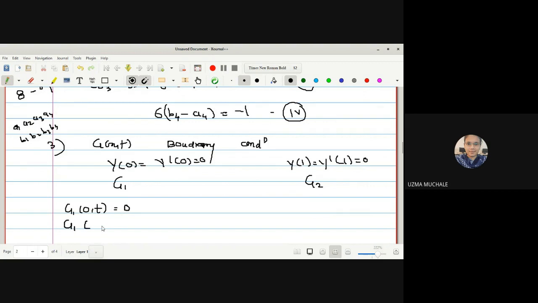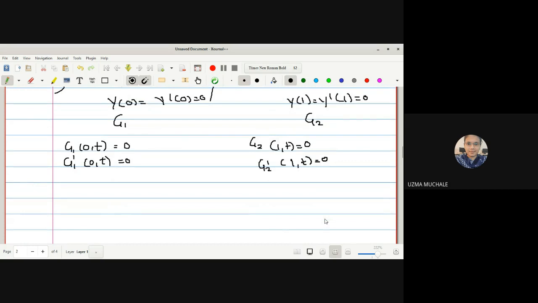Similarly, g1 dash of 0,t is equal to 0. And here g2 of 1,t equal to 0 and g2 dash of 1,t equal to 0.